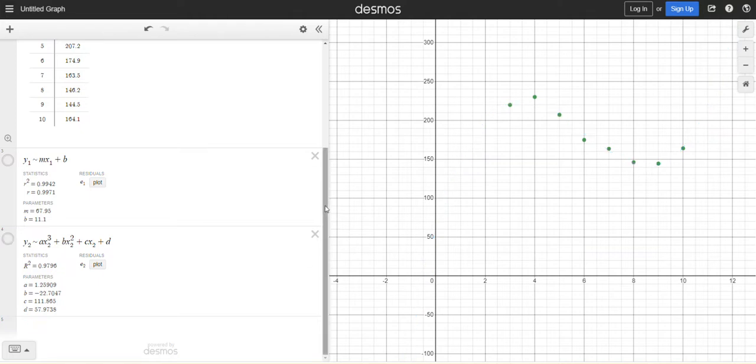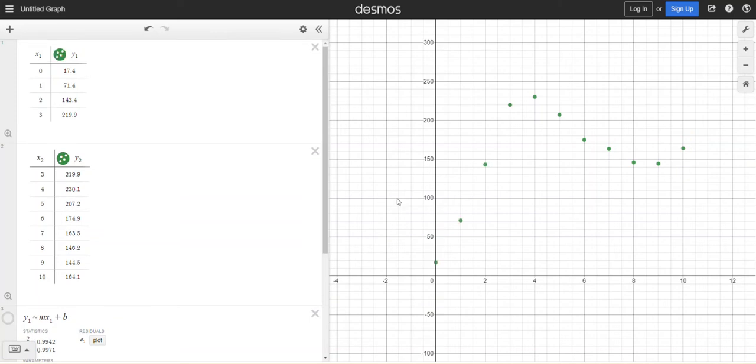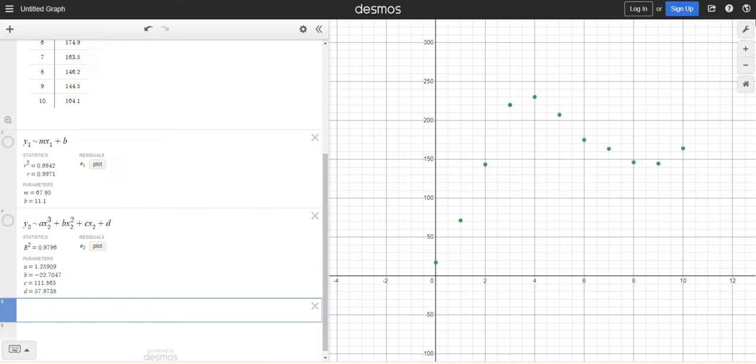So I'm going to turn all of the data back on. There was the piece I felt was linear, there was the piece I felt was cubic, and I'm going to enter my functions now in their piecewise form.